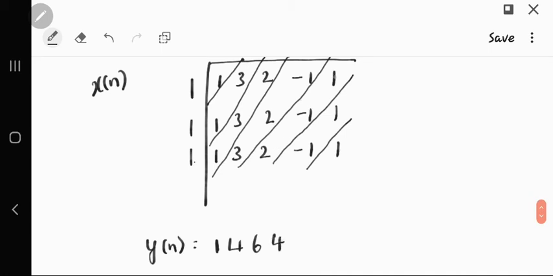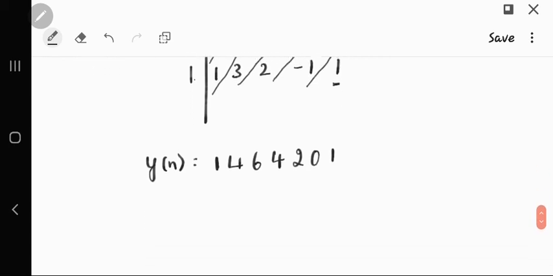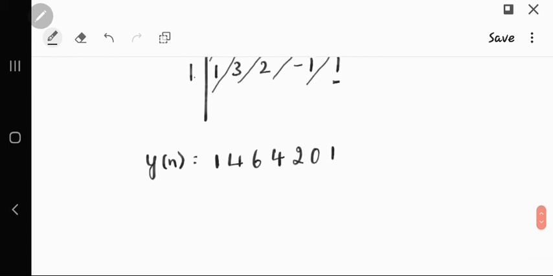Next 2 minus 1 is 1, and 1 plus 1 is 2, minus 1 plus 1 is 0. Last you will end up with 1. Now the signal, as we have clarified, will start from minus 1 and end at plus 5: minus 1, 0, 1, 2, 3, 4.